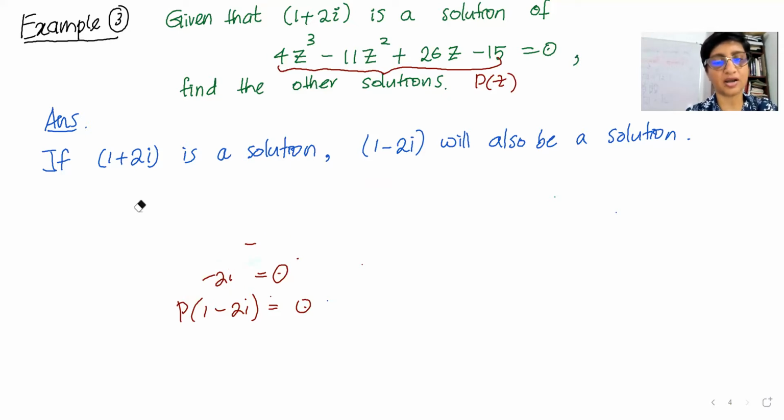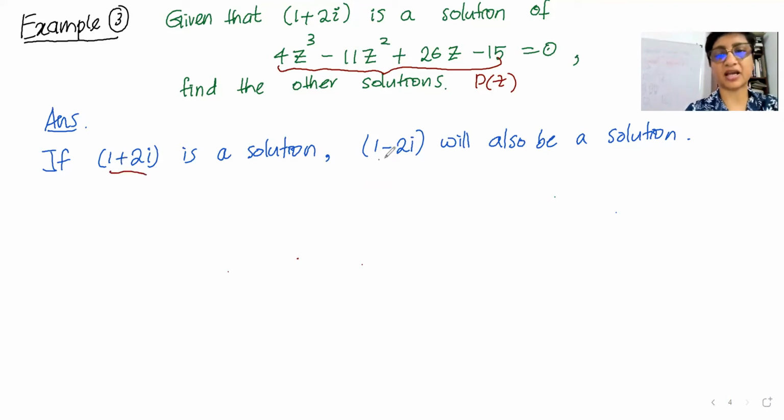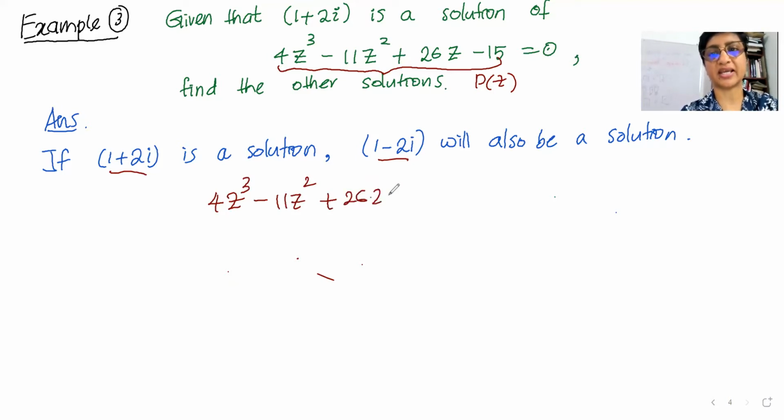If this and this are two roots of this equation, that means this equation is 4z cubed minus 11z squared plus 26z minus 15 equal to 0. And this is a solution means I know a factor of this polynomial.